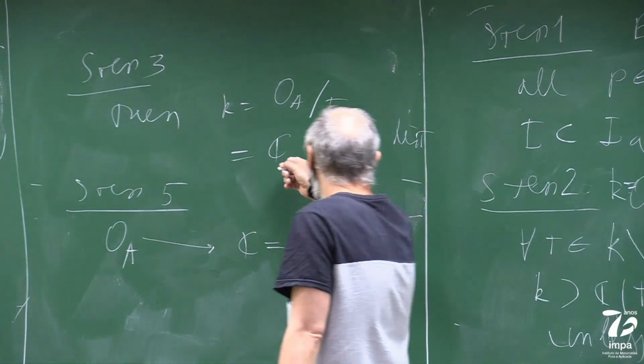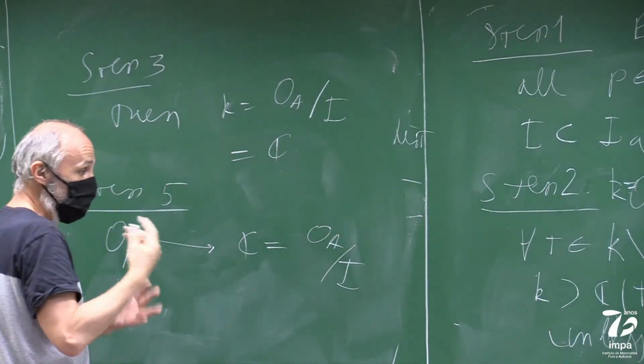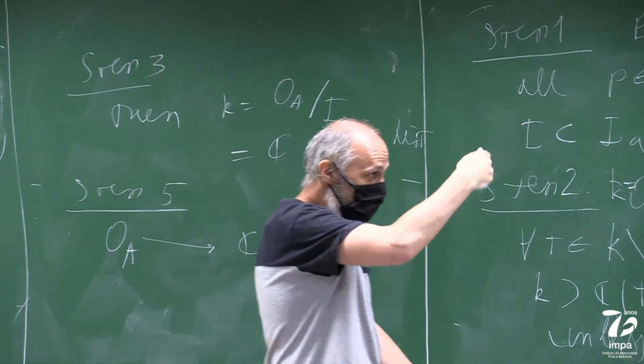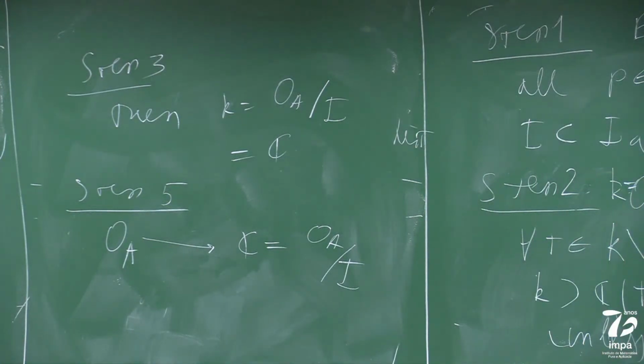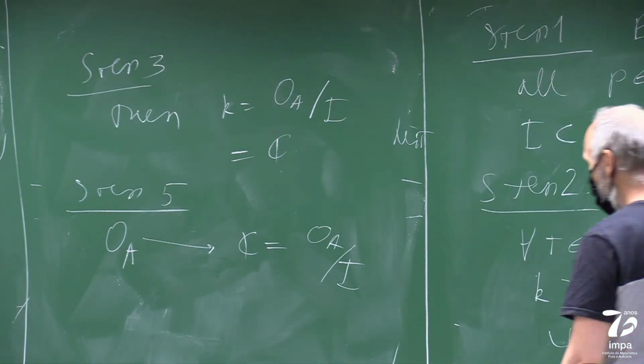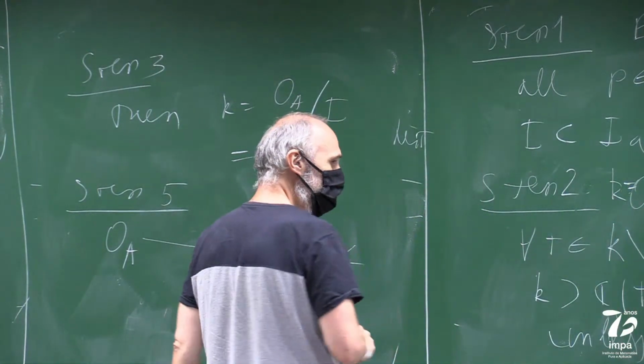This is because what we proved is that this quotient is actually one-dimensional over C in steps 1-4. So this is a C-linear map.